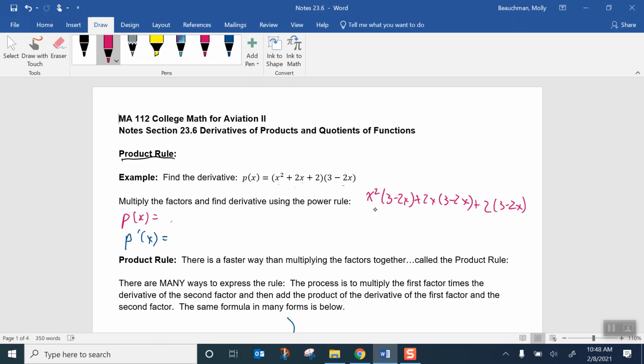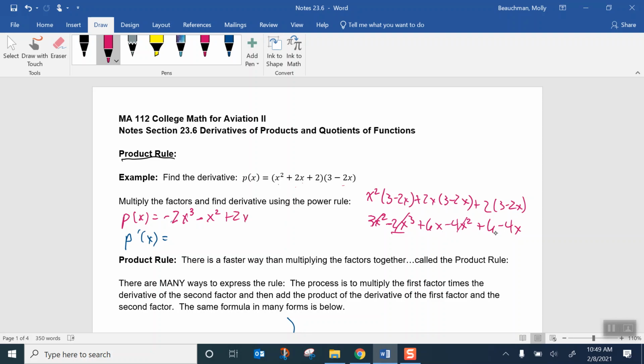If we do that, we end up with 3x squared minus 2x cubed plus 6x minus 4x squared plus 6 minus 4x. Add your like terms. Our polynomial becomes negative 2x cubed. Then we have positive 3x minus 4 is negative x squared. 6x minus 4x is 2x.